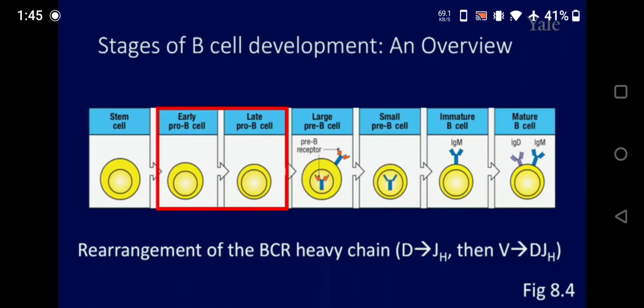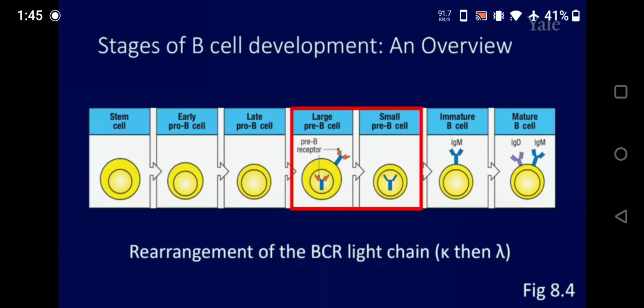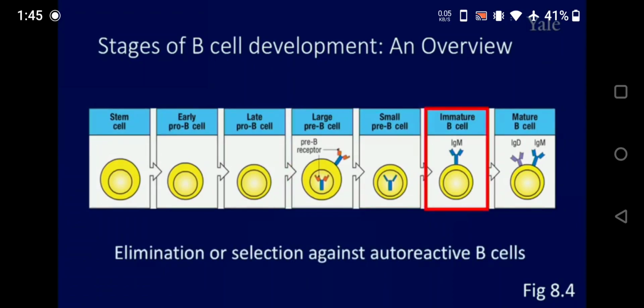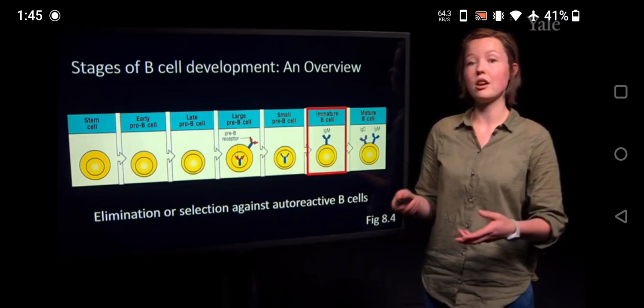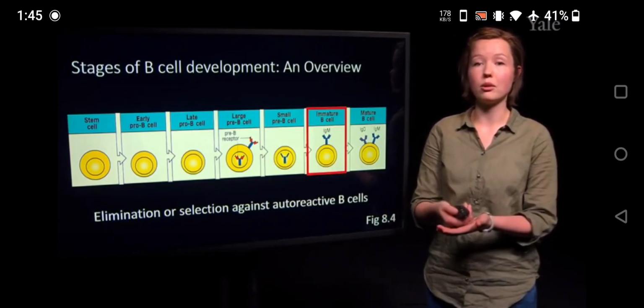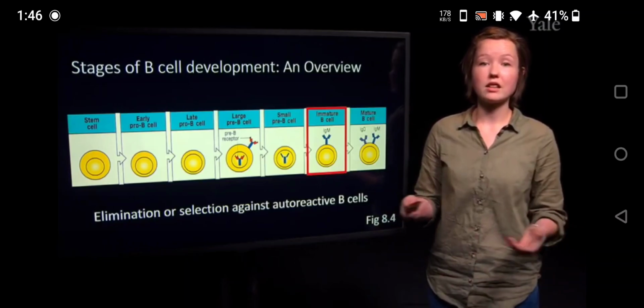And then after that, we move into the pre-B cell stage, in which the rearrangement of the light chain will occur, which also happens sequentially. And then lastly, we have elimination or selection against the autoreactive B cells in the immature B cell stage before they mature and are able to circulate in the secondary lymphoid organs.